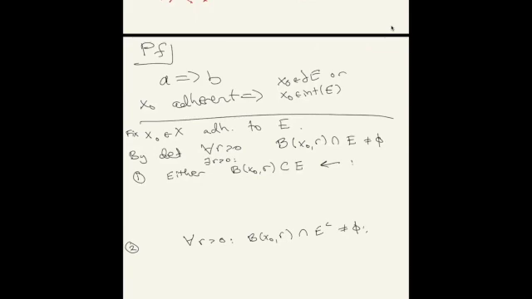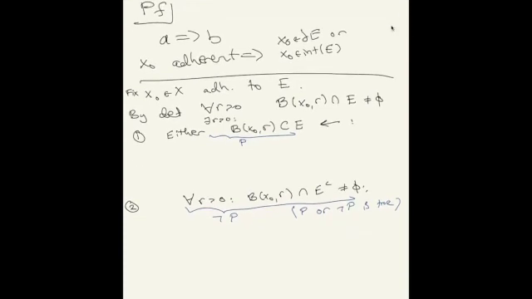So these are two cases, and they're complementary because if we call this P, then this is nothing else than not P. And for every proposition, we have that P or not P is true. So one of these claims has to be true. Either there exists a radius such that the ball is contained in E, or no matter the radius, you also intersect the complement in a non-empty way.